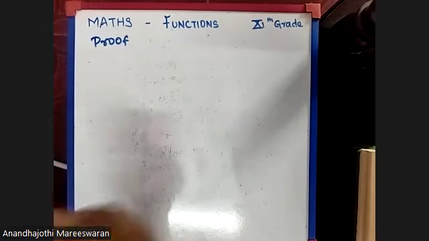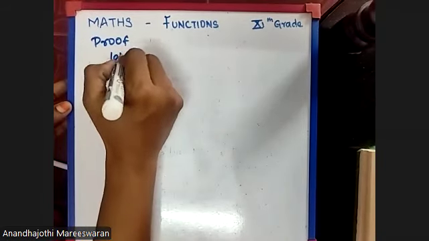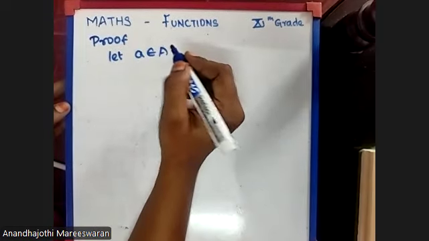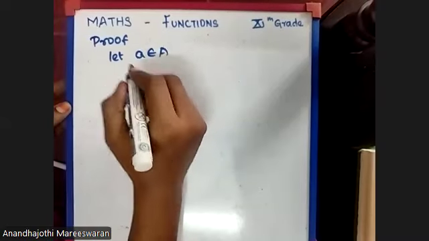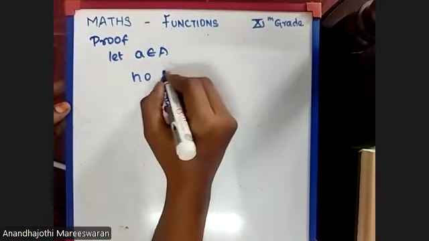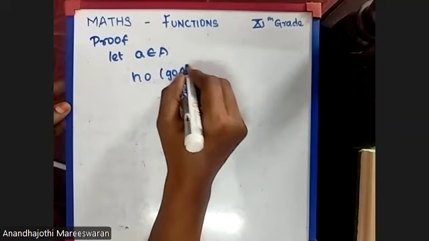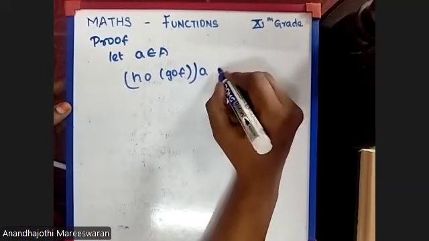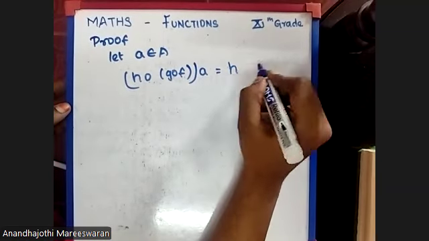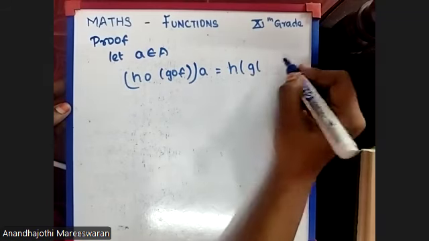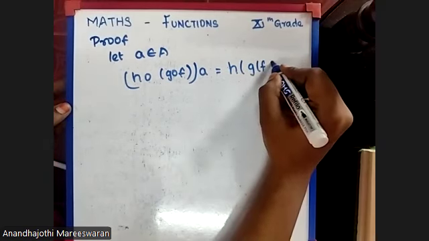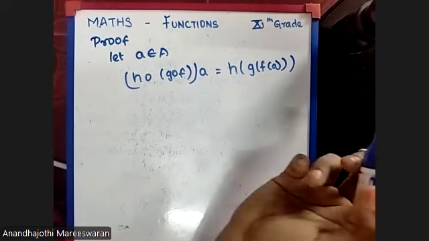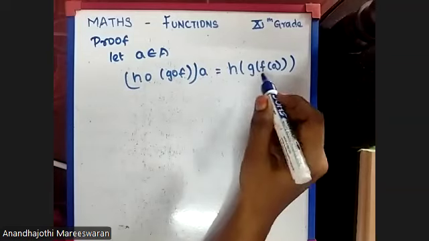For that, let a belong to A, right? So I'm going to substitute in the left-hand side. H circle G circle F, we substitute the element a, and I'm going to expand that. H of G of F of a, right? Now we are going to see it differently.